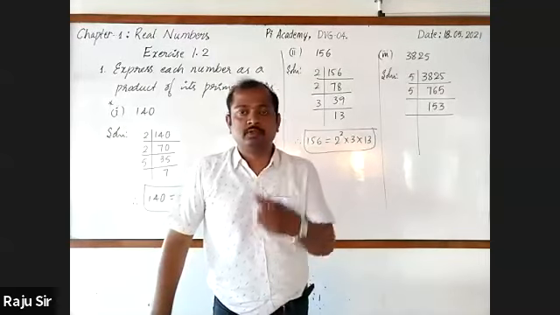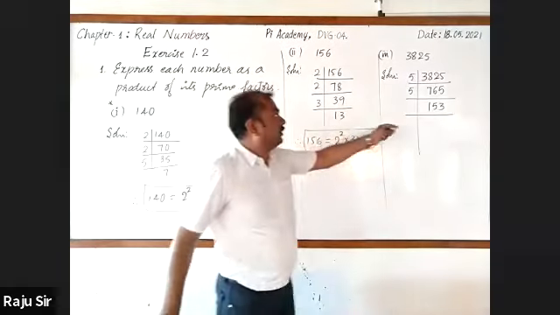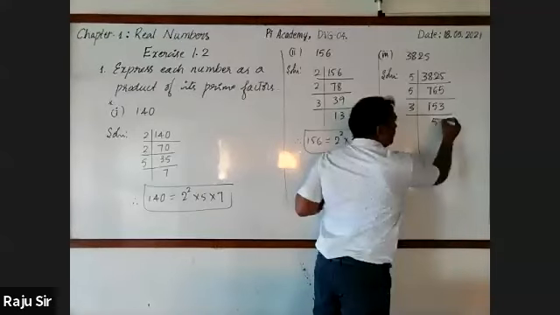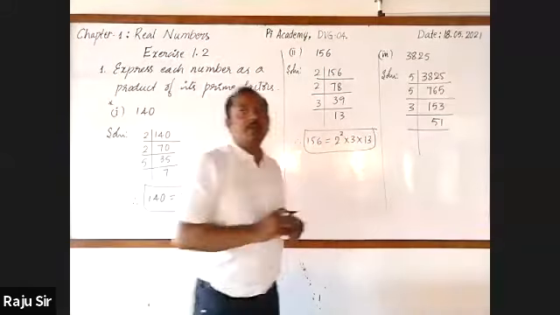Our technical team has given a chance for a few students. You have to respond. 153, from which number can it be divided? 3. 3 fives are 15, 3 ones are 3. 51. Again 3 17s are 51. 17.